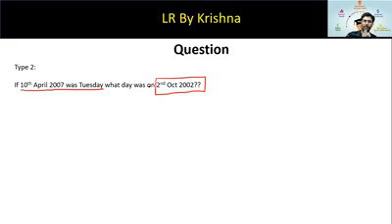So this is back date basically, right? The first type was front date and this is back date. 2007 is given and I'm asking you 2002.